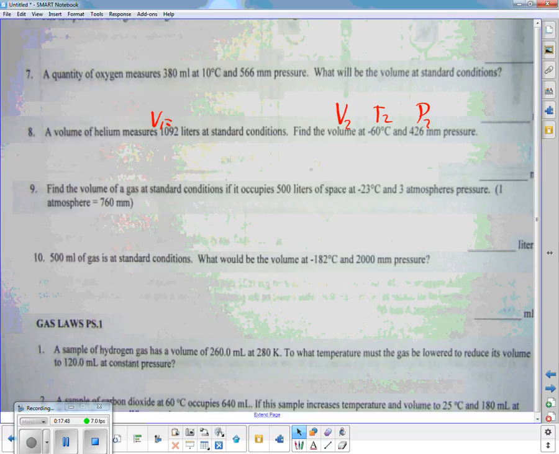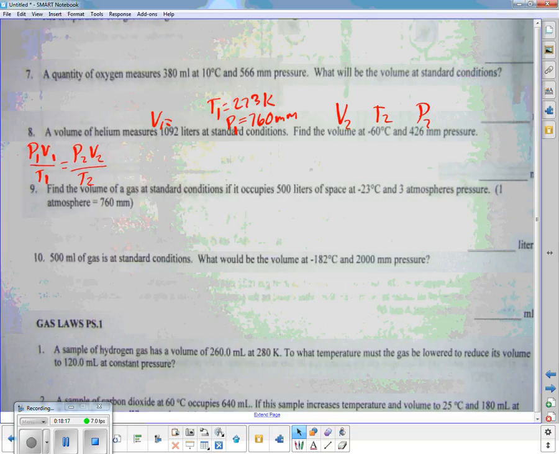So what things do I need at standard conditions? Right, I need temperature 273 K and pressure, what pressure do I need? 760, because I want to be in the same units. Okay, whose law? Combined gas law. So P1 V1 divided by T1 equals P2 V2 divided by T2.